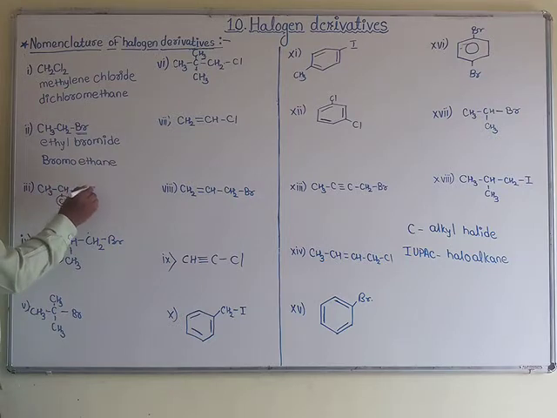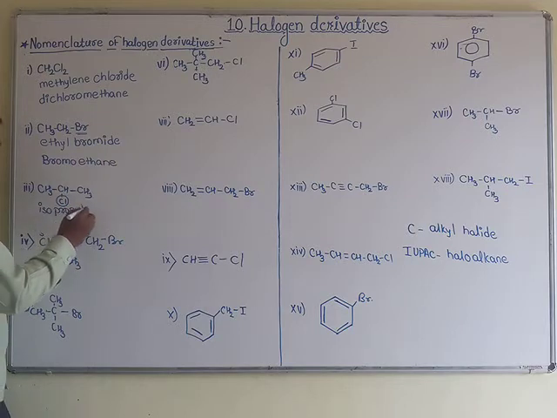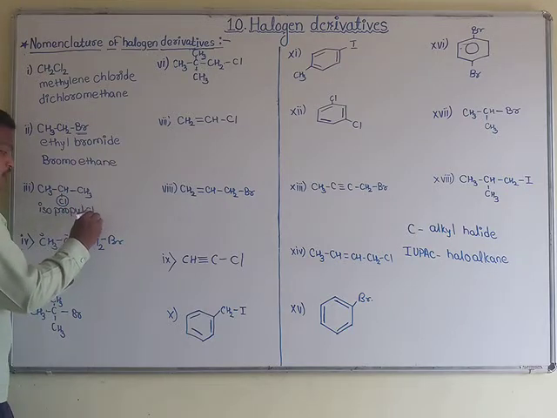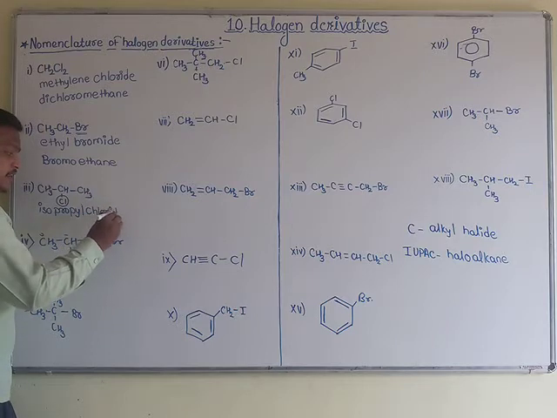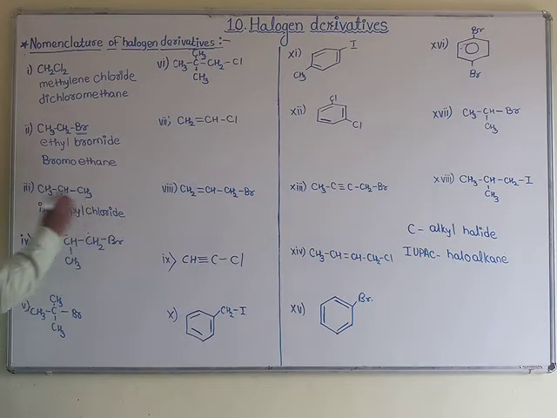When a straight chain alkane has a substitution on the second carbon, the prefix iso is added before the name of the alkyl group. Here 3 carbons are present, so isopropyl, and after the name of the alkyl group we add the halide name, chloride. So the name of this compound is isopropyl chloride.